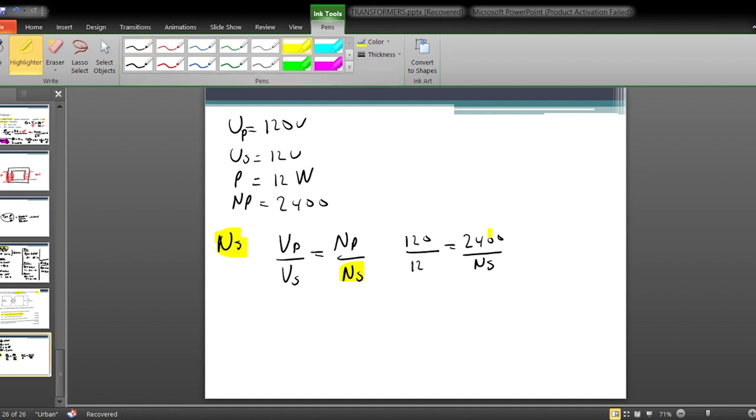So since NS is the one that we're trying to find, let's highlight it. Now we are going to cross multiply. 12 times 2,400, 28,800 equals to 120 times NS.